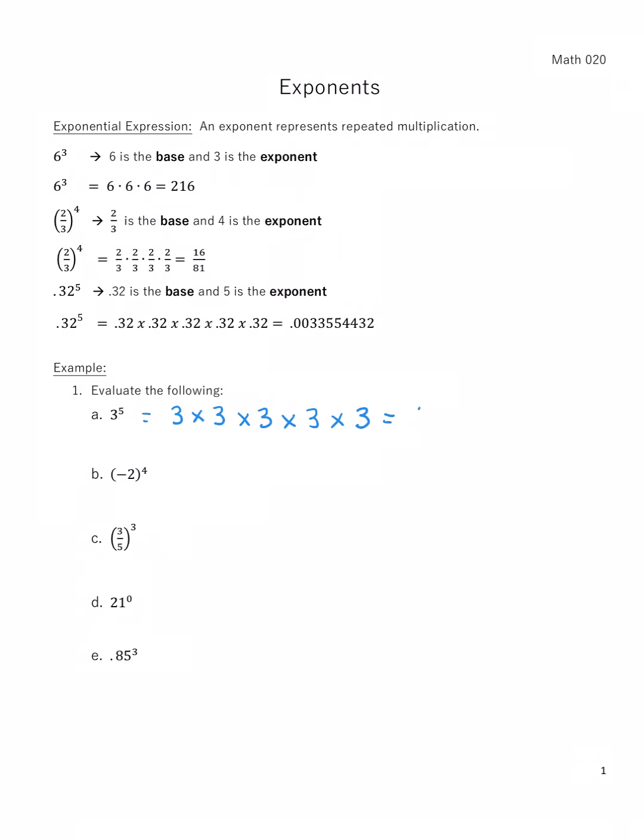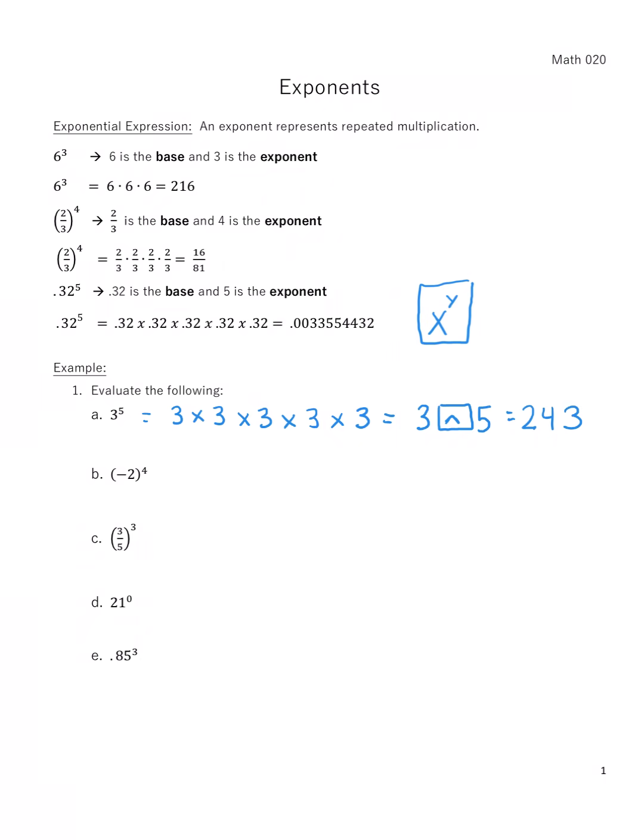So I would highly recommend learning that exponent key. If you have a graphing calculator, it usually looks like this. Or if you have a TI-30 or TI-35, the exponent key usually looks something like that. But just make sure to ask your instructor and be familiar with that key. And this will equal 243.